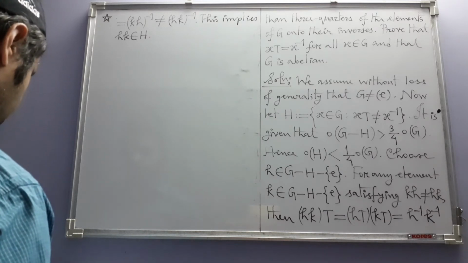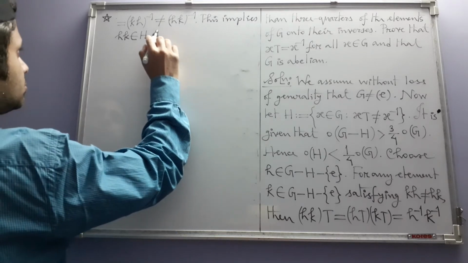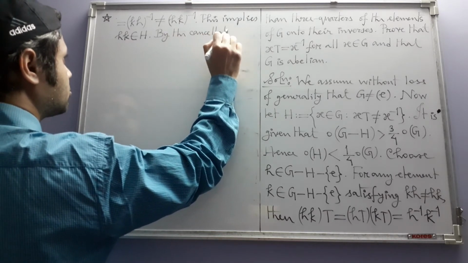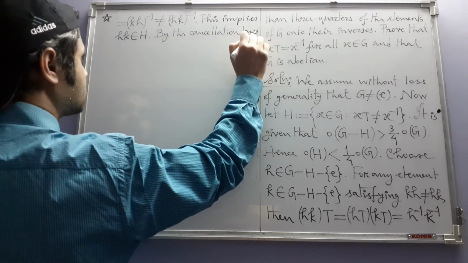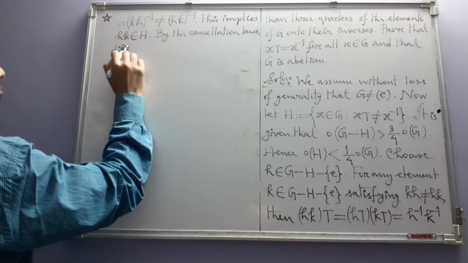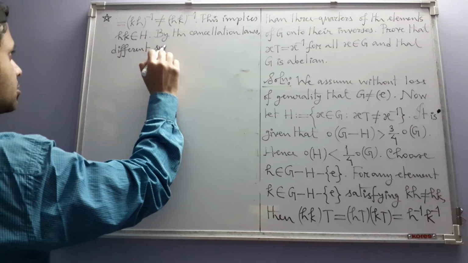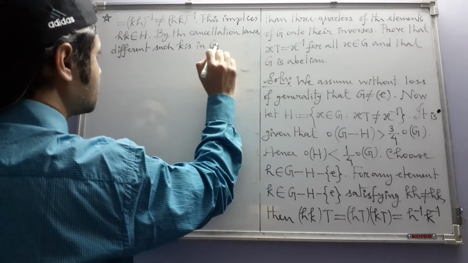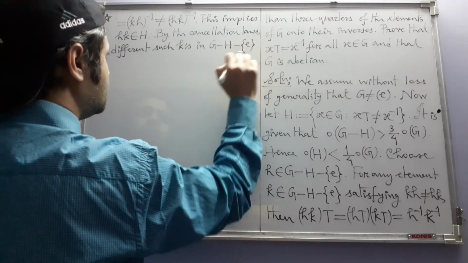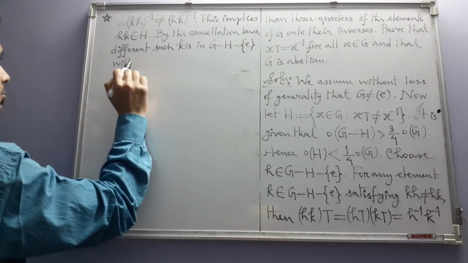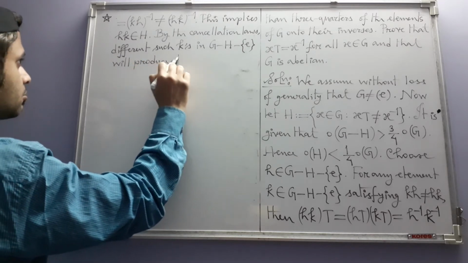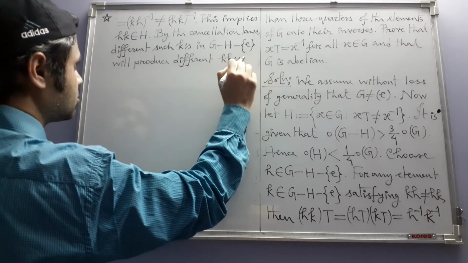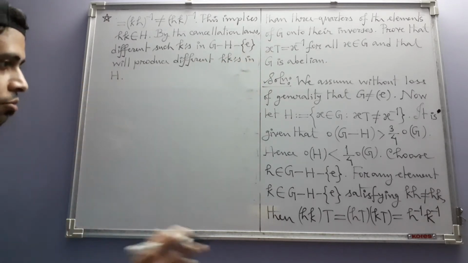Okay, now the conclusion is this. By the cancellation laws, different such k in G minus H minus e will produce different hk's in H. What are we saying here?